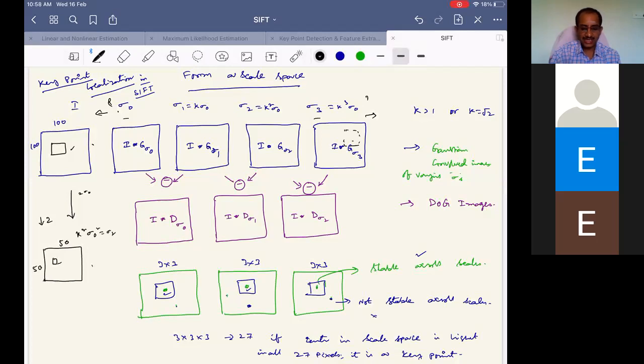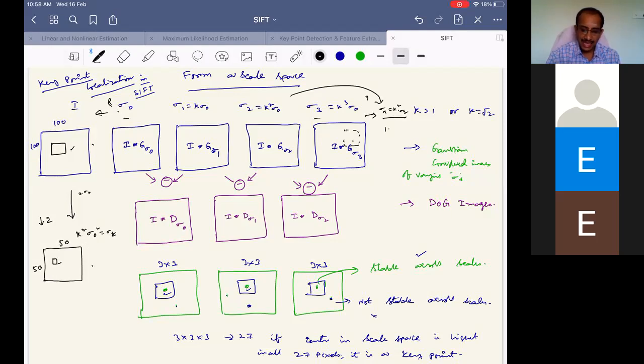So you have gone one step back, but because you have downsampled, you are one step ahead. It is equivalent to this k power 4 sigma. This sigma 4 is equal to k square times sigma 2. Instead of doing k square times the sigma 2 convolution in the higher resolution, we can equivalently do sigma 2 based convolution in the lower resolution. That's what I am trying to convey.